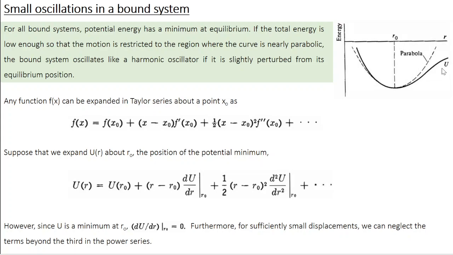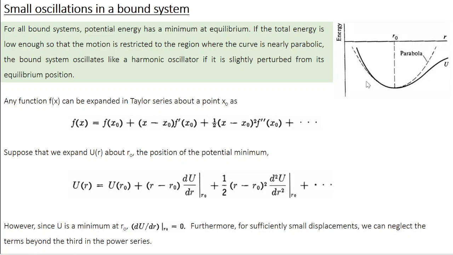If the energy is sufficiently small, then near the equilibrium position in this region, this resembles a parabola. So in this small region, you can approximate your bound system to a harmonic oscillator. Why? Because in this small region alone, the potential energy function is parabolic, which is the nature of a harmonic oscillator.